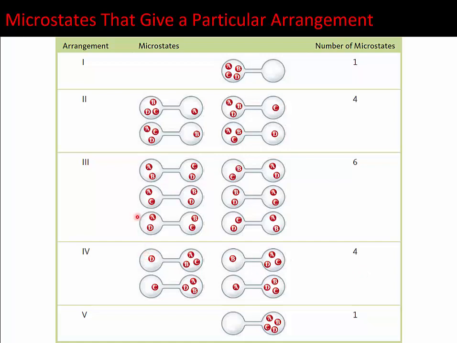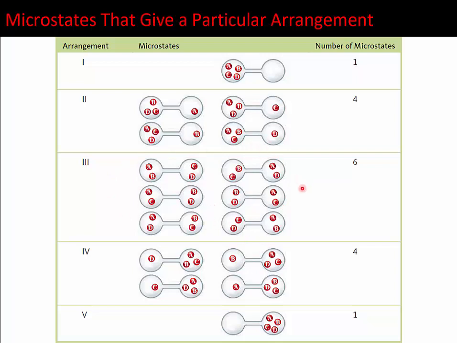But I've got 6 possible combinations where I've got 2 on either side: A, B and C, D, or A, C and B, D, or A, D and B, C, and so on. So we've got more possible states where they are evenly distributed.